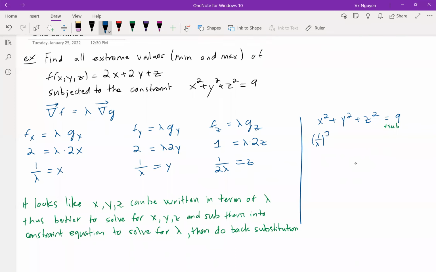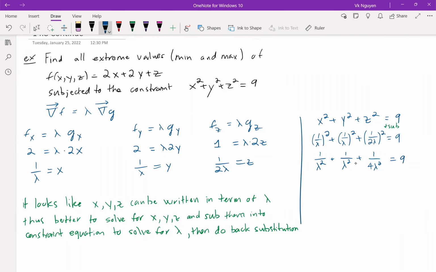Plug into the constraint: 1 over lambda squared plus 1 over lambda squared plus 1 over 2 lambda squared equals 9. So what do we have here? We have 1 over lambda squared plus 1 over lambda squared plus 1 over 4 lambda squared equals 9.